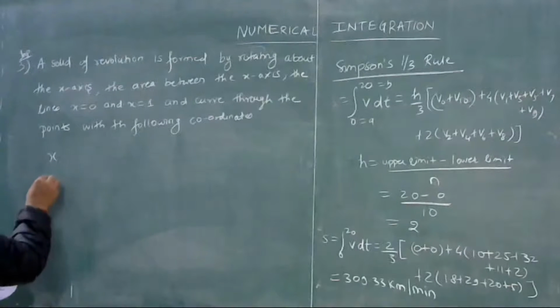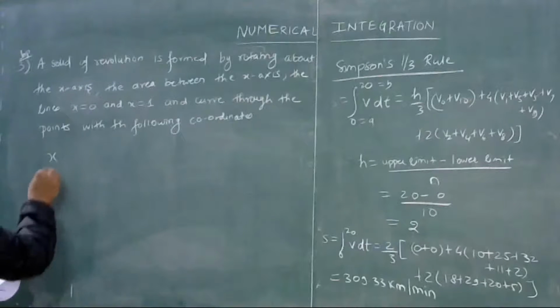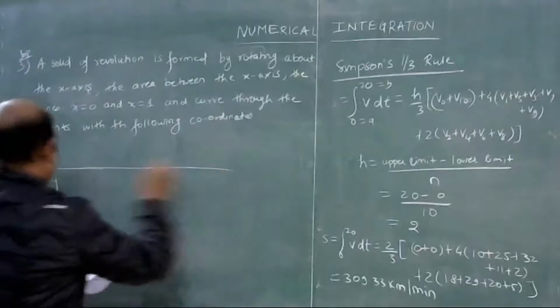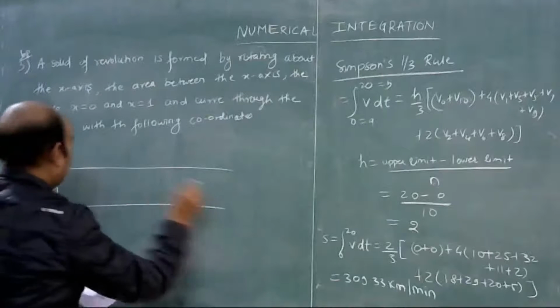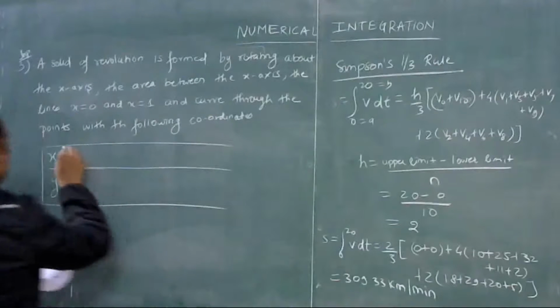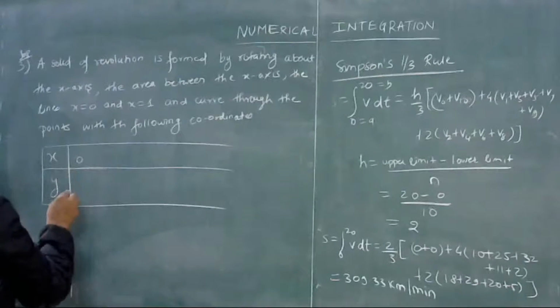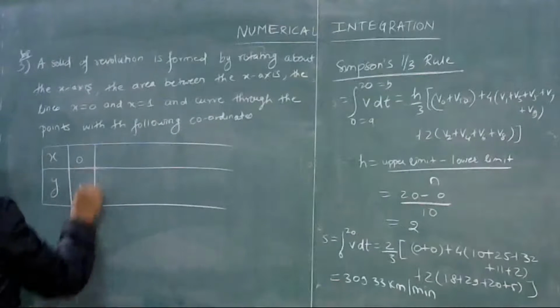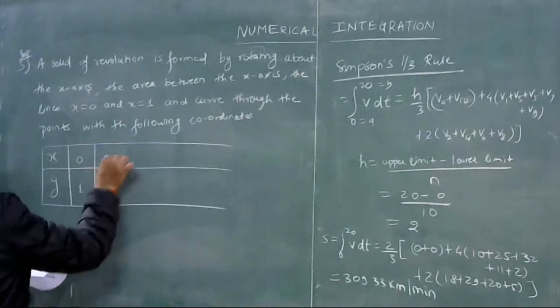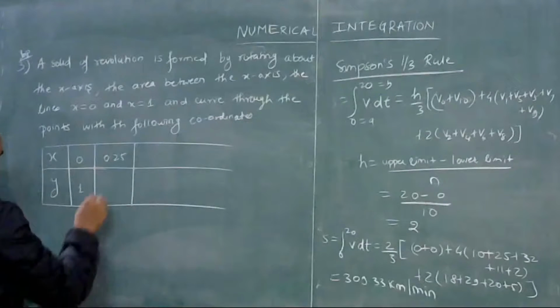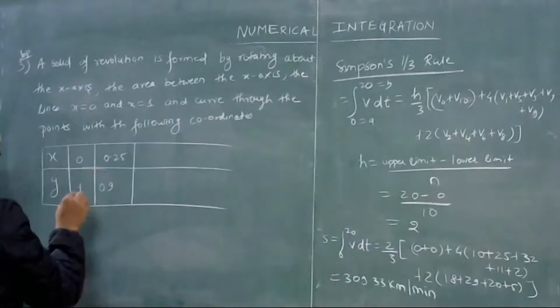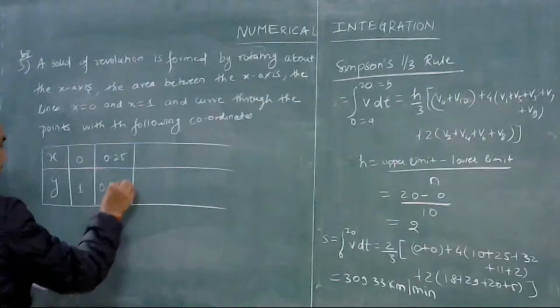Value of x and y is given. So x is between 0 and 1. Okay. At 0, value of y is 1. At 0.25, it is 0.9896.